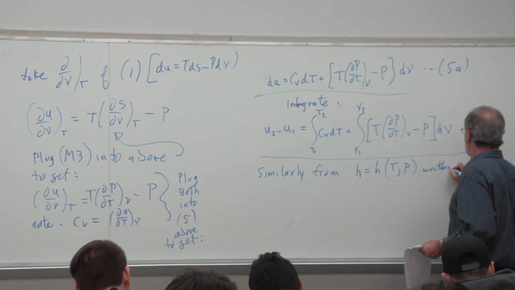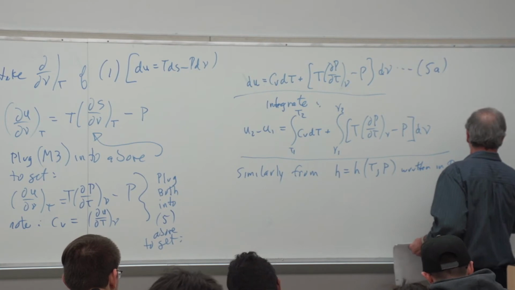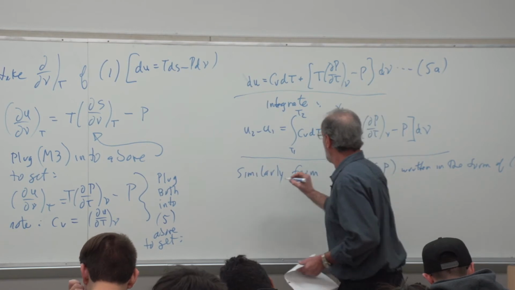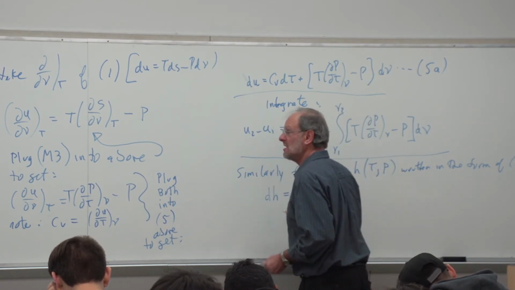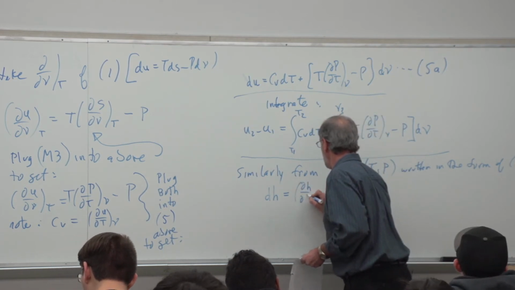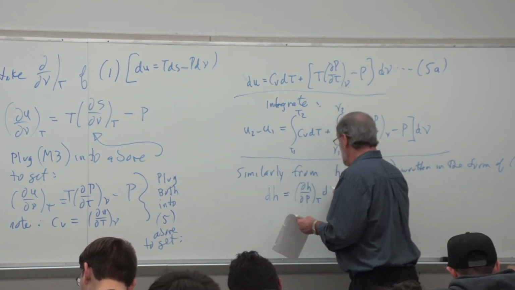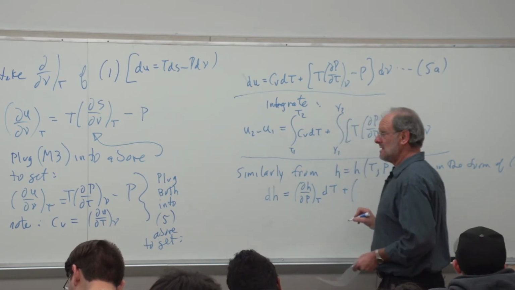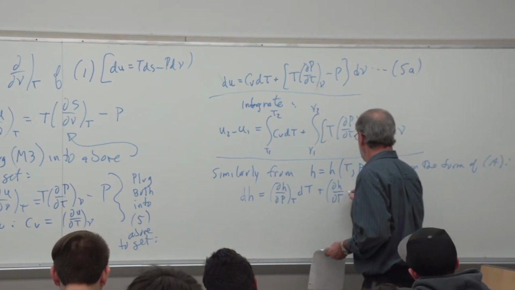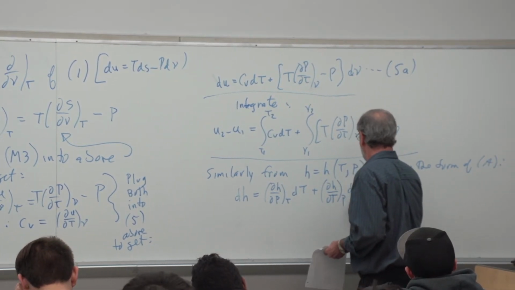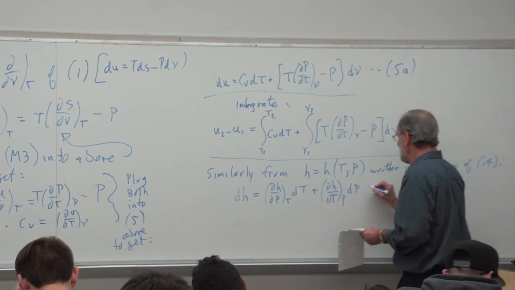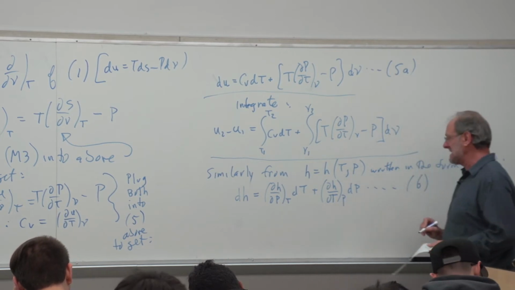Again, this will be written in the form of equation A. So we would have dH equals del H del P at constant T dT, plus del H del T at constant P dP. And this equation I'm going to call equation 6.